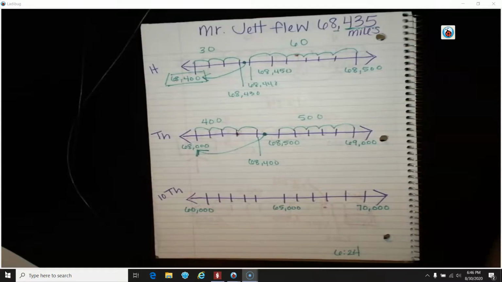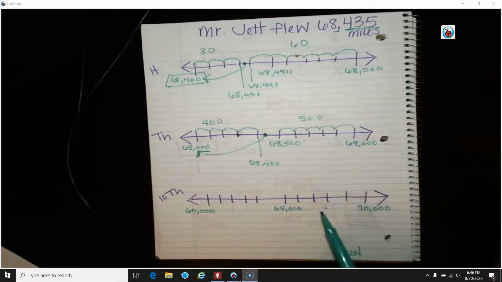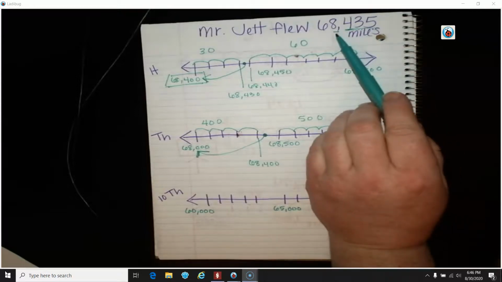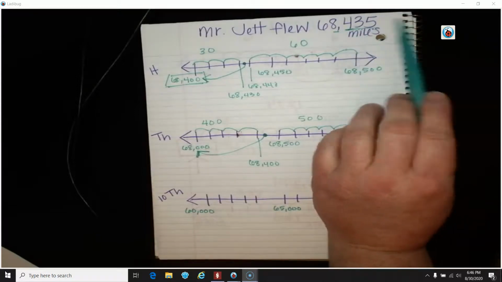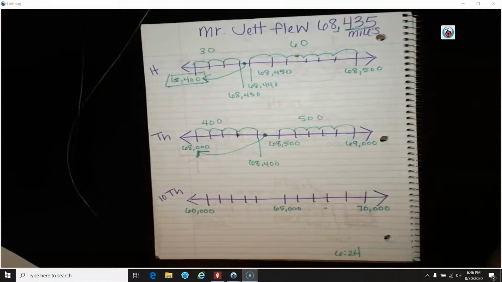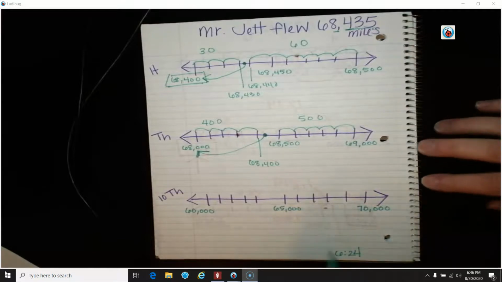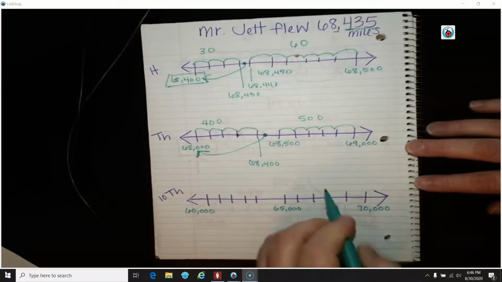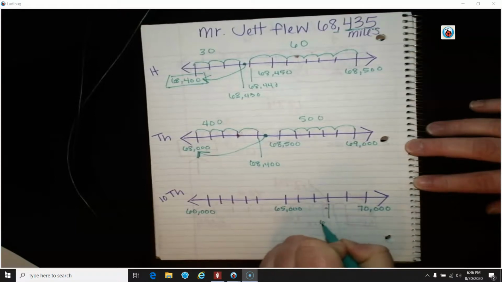Okay, so where does this number go? Now I've got to think about which 1,000 it's between because these are partitioned by thousands. 68,000 and 69,000 are the thousands we are between. So this is 68,000.